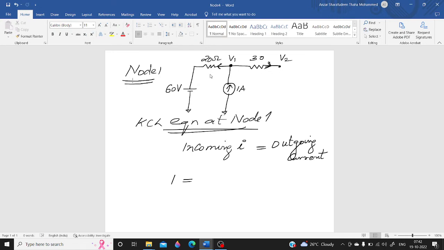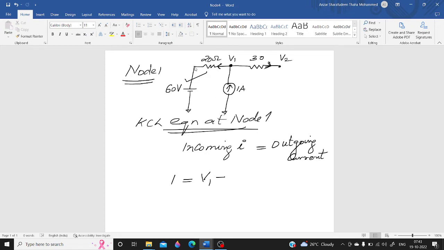Now you write the current equation for each branch. Let me consider this branch first. What about the equation? Since the current is moving from V1 to the 60 volt source, I assume that V1 is at higher potential. So V1 minus the terminal voltage, which is 60.